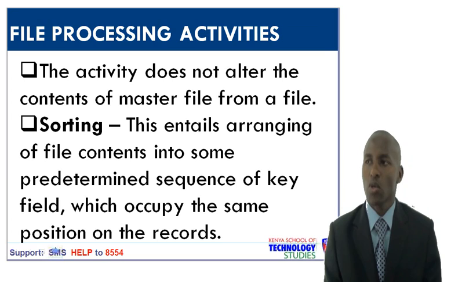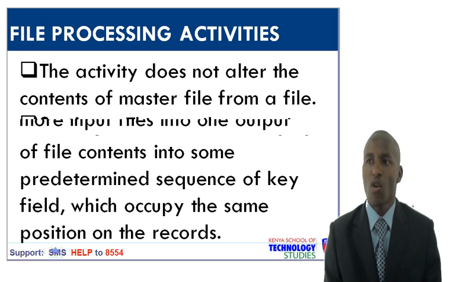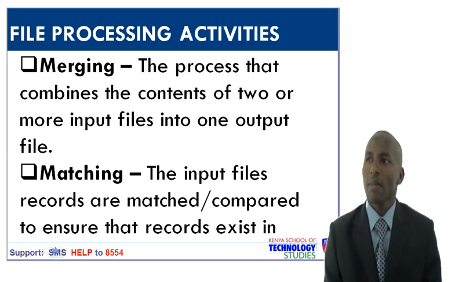The other one is sorting. This entails arranging the file contents into some predetermined sequence of key fields which occupy the same position on the records. Merging: the process that combines the contents of two or more input files into one output file.